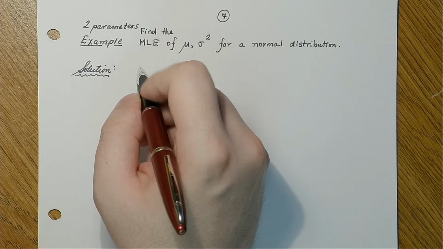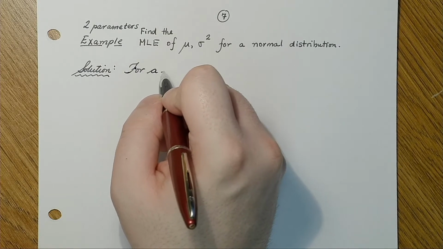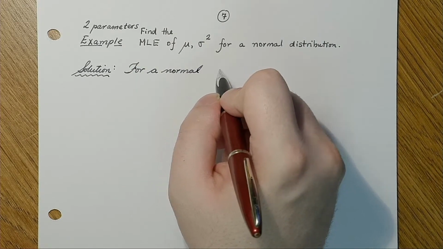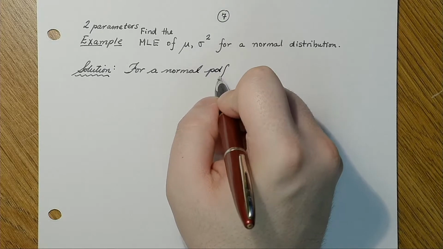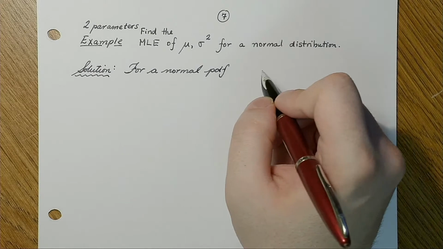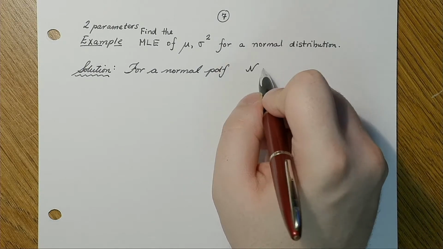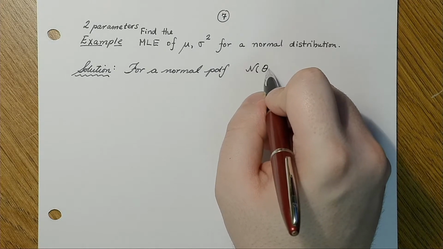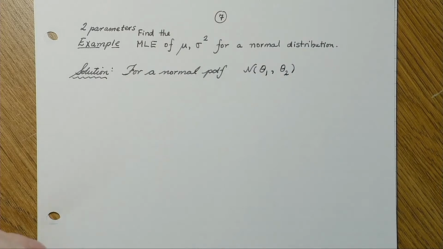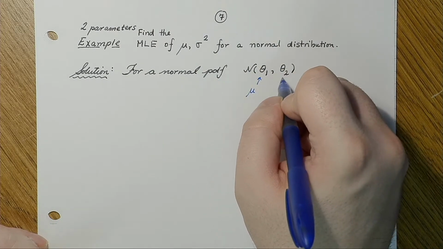And instead we're going to use theta 1 and theta 2. And this will be for the mu, and over here, this is for the sigma squared.